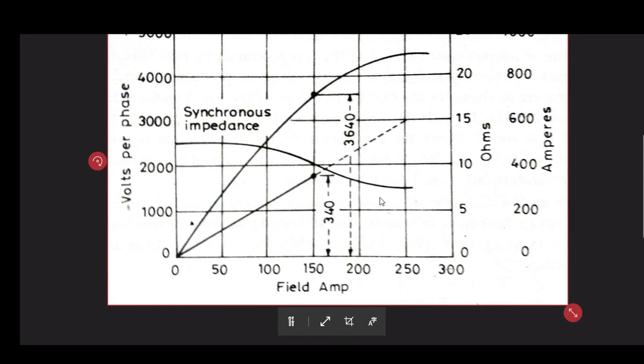If you can recall, in the last problem there was some difference between the synchronous reactance per unit value and the synchronous reactance per unit value calculated from SCR.